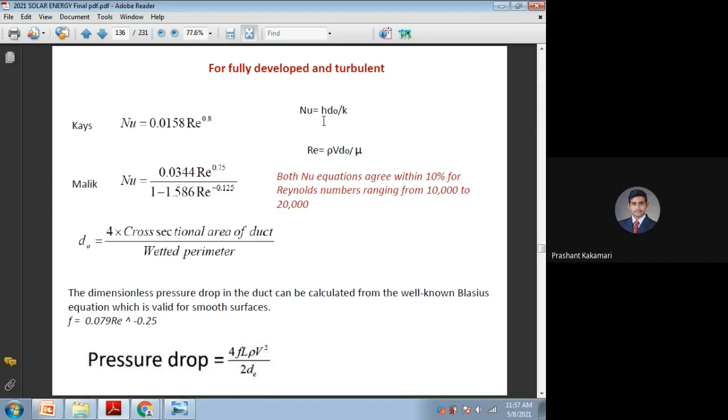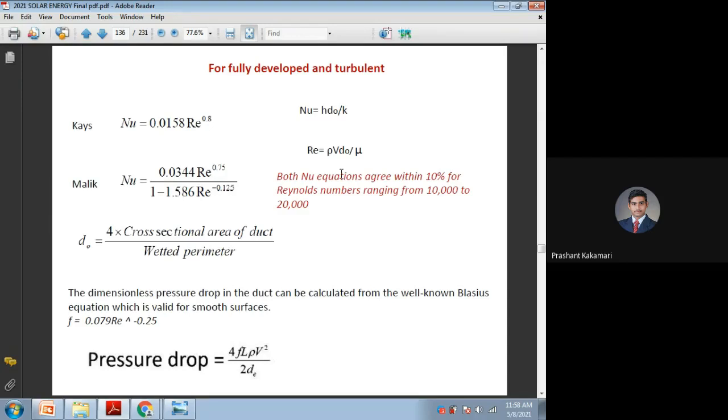So for this duct with characteristic length D0, h is the heat transfer coefficient by convection between air and plate or air and glass, and that h value is divided by k. I think many of you know that the Nusselt number is given by hL by k as a general equation. Here it is the same, with L replaced by D0.